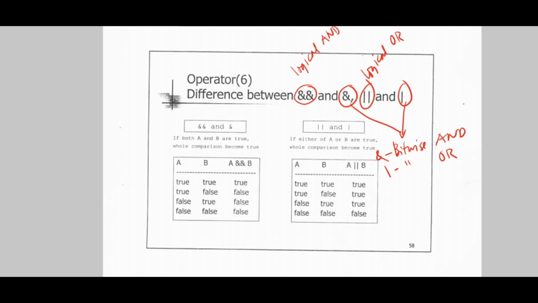So whether it is logical AND or bitwise AND, the truth table is the same. This one is for the AND operator, whether it is the logical AND or the bitwise AND. And the truth table for the OR operator is this one. So whether it is the logical or the bitwise OR, the same truth table is applied.